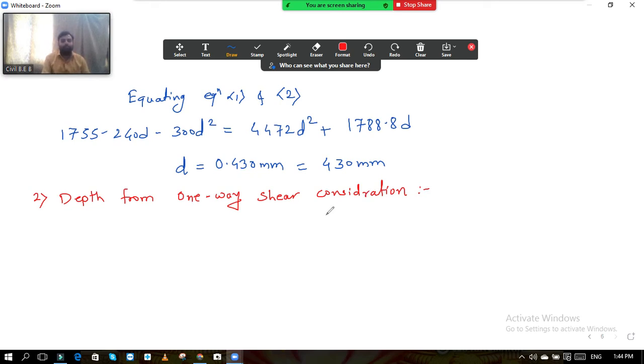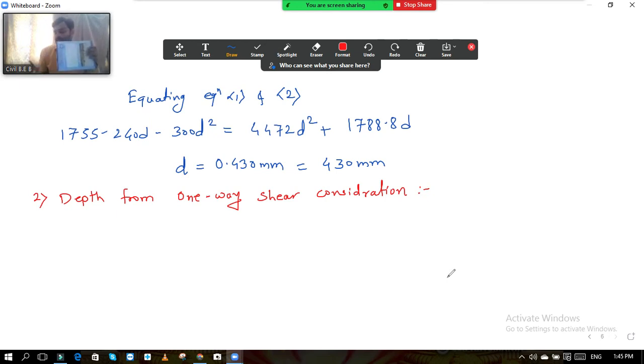Okay. So the basic difference between one way shear and two way shear, if you want to know, is like this. In two way shear, what happens? This is the footing. Suppose this is the cross section of the footing. This is length, this is width, and this thickness is nothing but the depth of the footing.